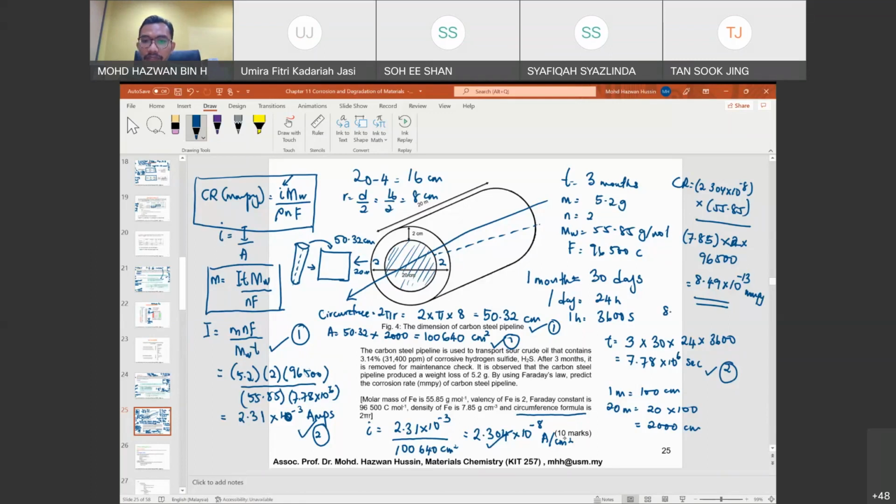Okay, so if I give another example, MMPY to MPY: 8.49 times 10 power of minus 13 multiply with 39.4. Mira, what did you get? Sorry, minus 13. 3.35 times 10 to the power of negative 11 MPY.